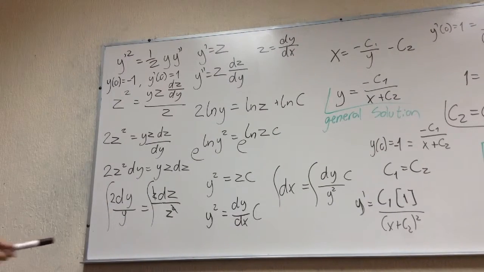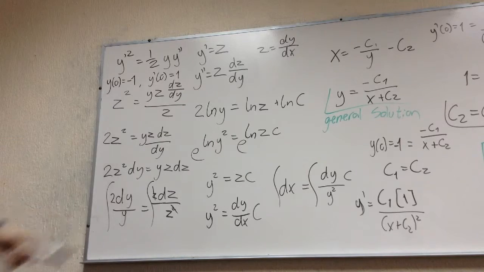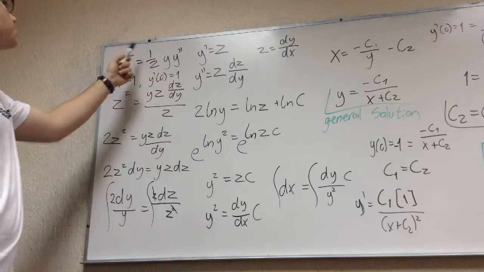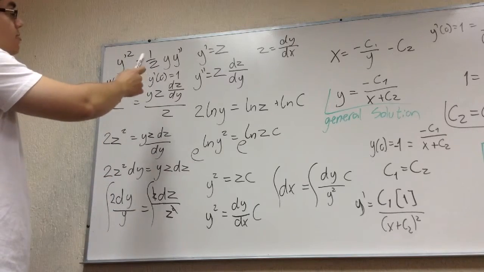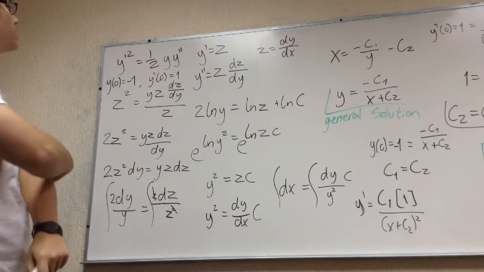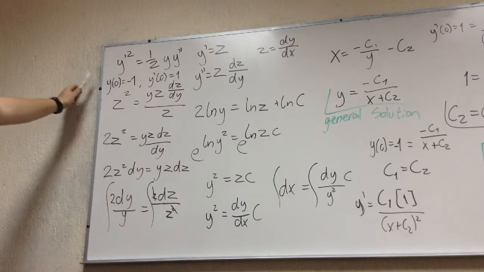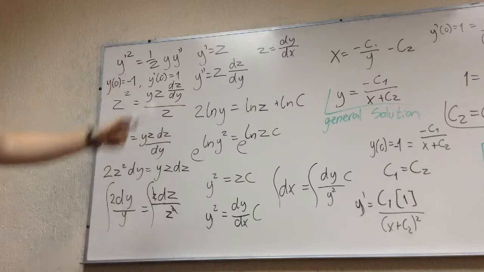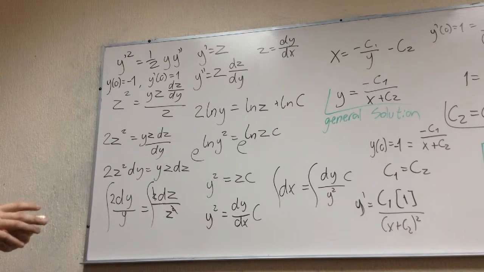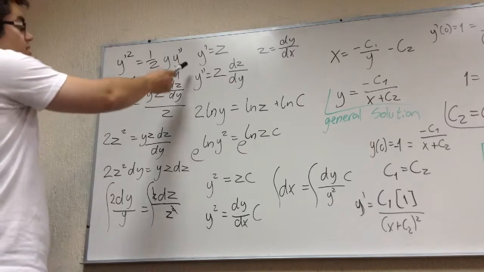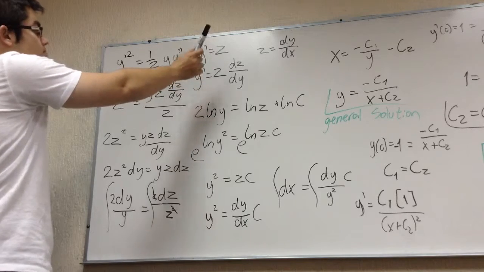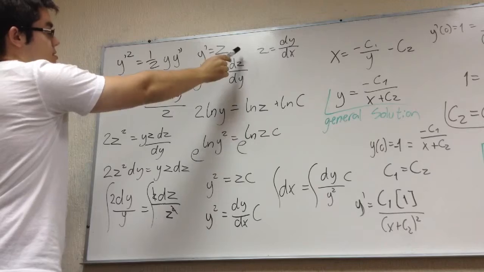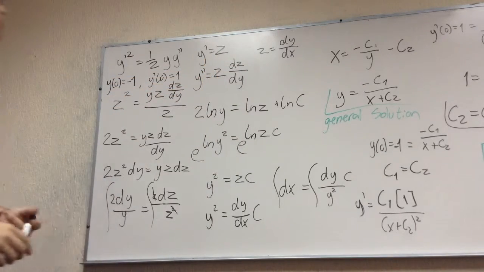So at last we have this differential equation, y prime squared equals 1 over 2 times y times y double prime, with the initial conditions y of 0 equals minus 1 and y prime of 0 equals 1. So we know that y prime equals z and y double prime equals z times dz over dy.